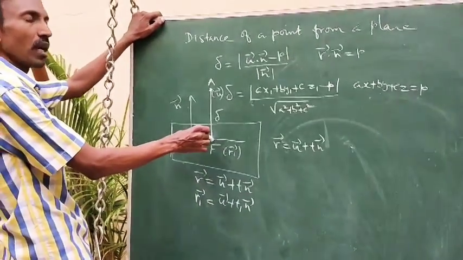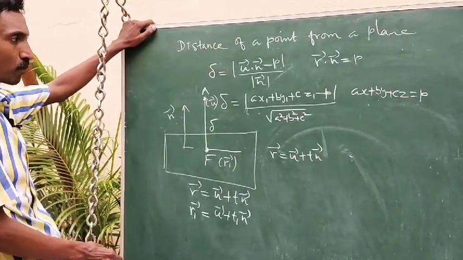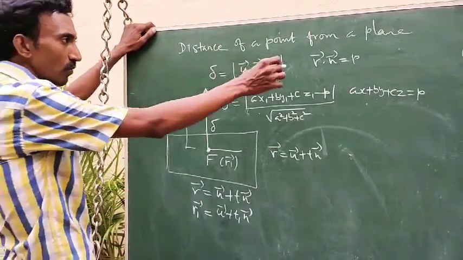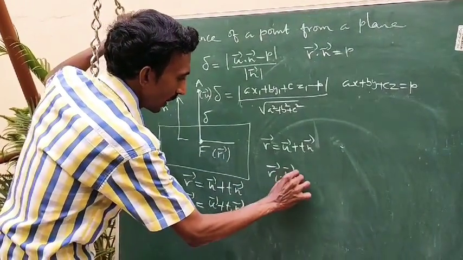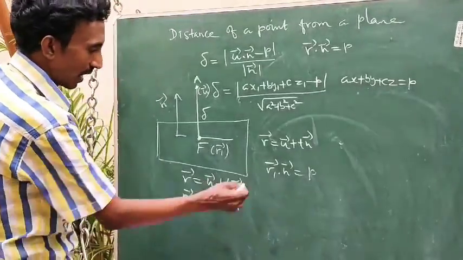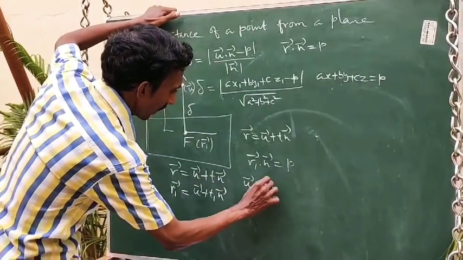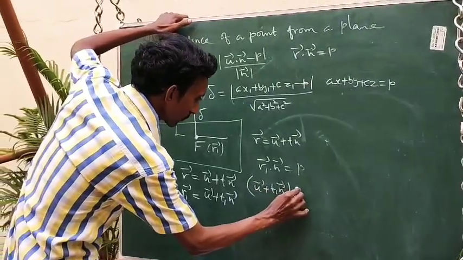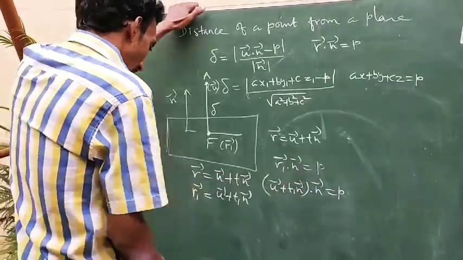And also it is a point on the plane. It satisfies the equation of the plane. So r1 vector dot n equals p. So now use that value here. So (u plus t1 n) dot n vector equals p. So rearrange and simplify.